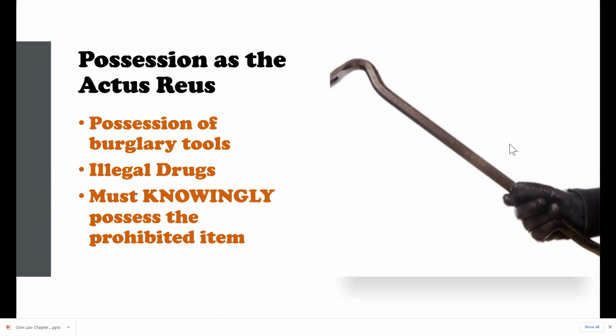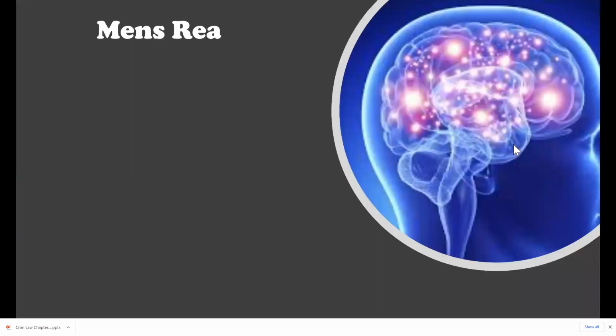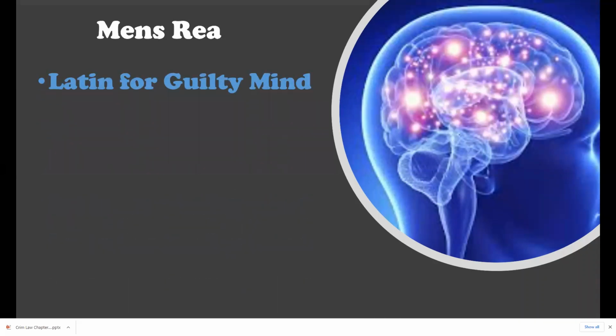We've learned about the actus reus, and now we're going to get into what's called the mens rea. And again, for the rest of the semester, when we start going over crimes, you're going to need to know what the actus reus is for the crime, and also what the mens rea is for the crime. So what is mens rea? It's Latin for guilty mind.